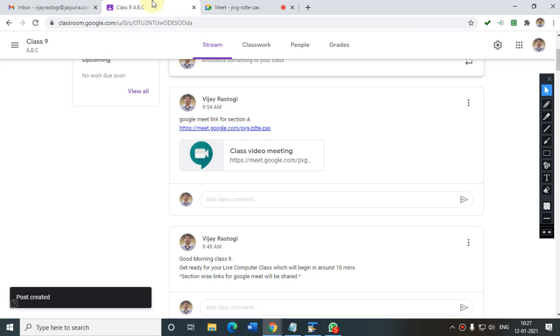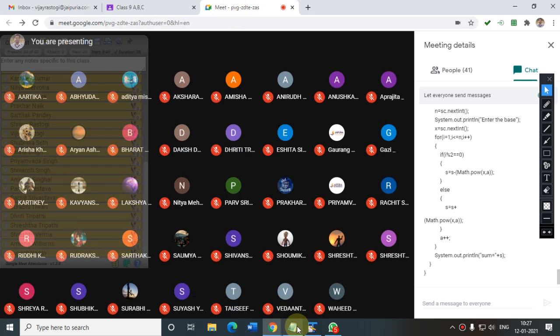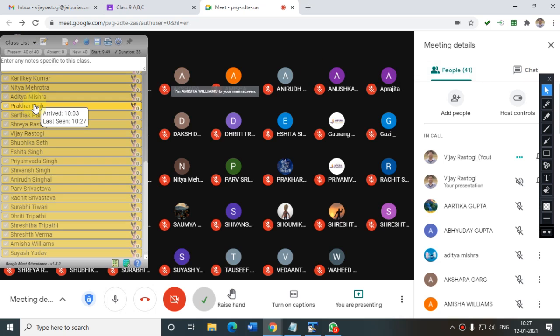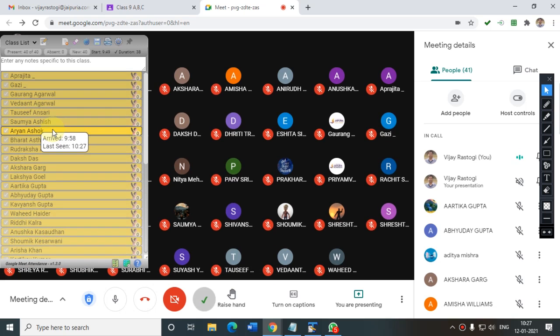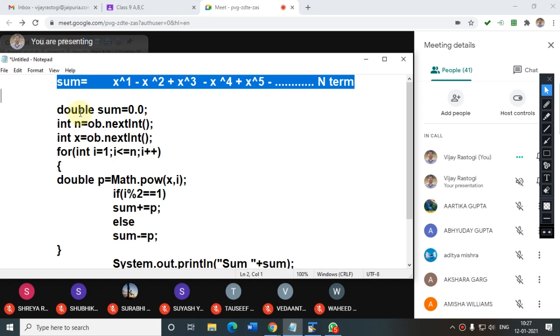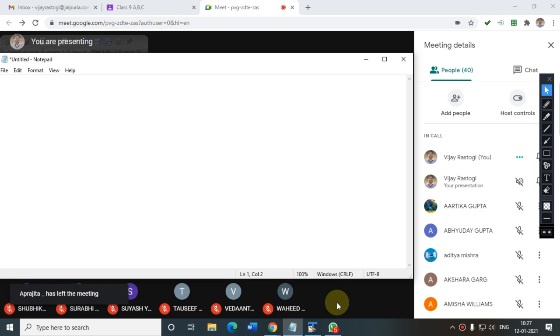So the next question is, write down in your notebook, everybody: write a program to print the next prime number. Means suppose the user has entered 20.